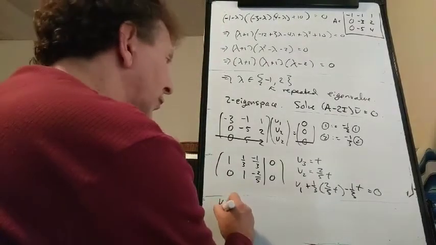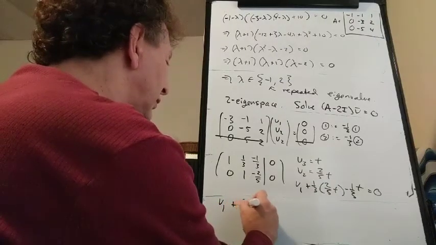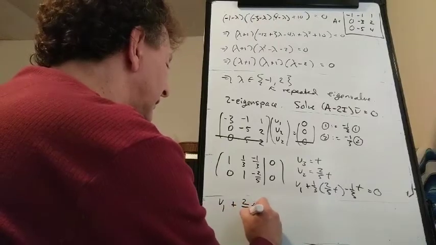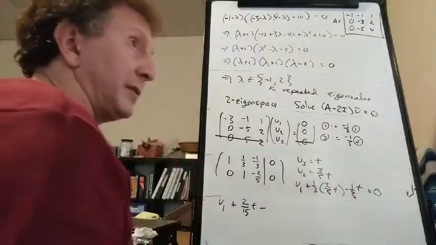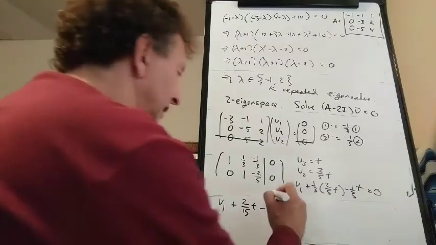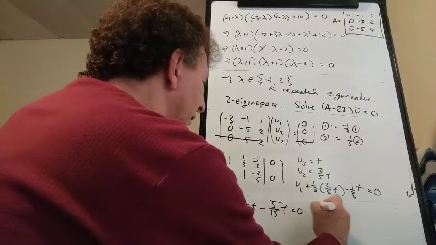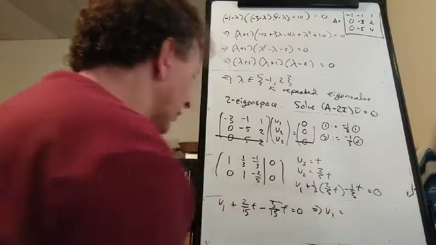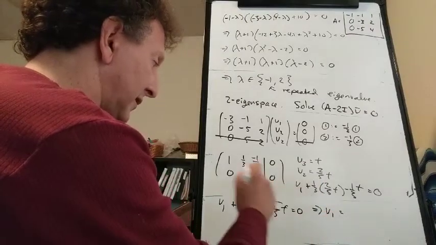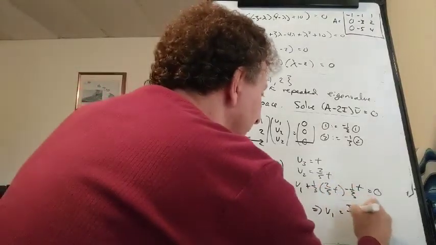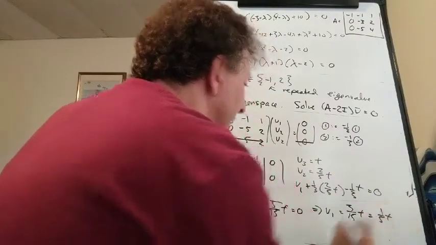So v1 plus 2/15 t minus 1/3 t. Let me write this in 15ths. Minus 5/15 t equals 0. So that means that v1 equals, if we put 5/15 on the other side and then subtract 2/15, it's 3/15, which is 1/5 t.